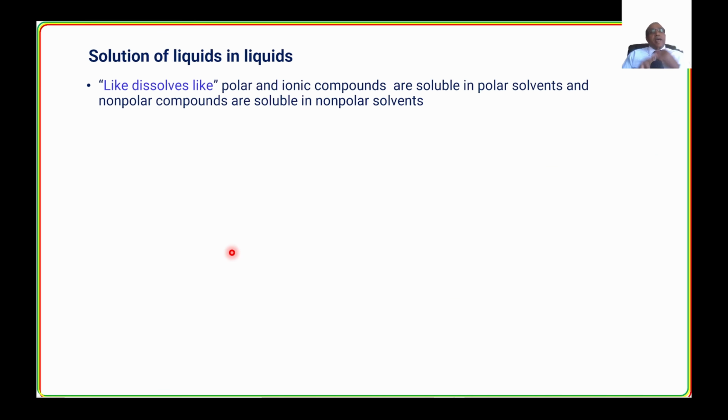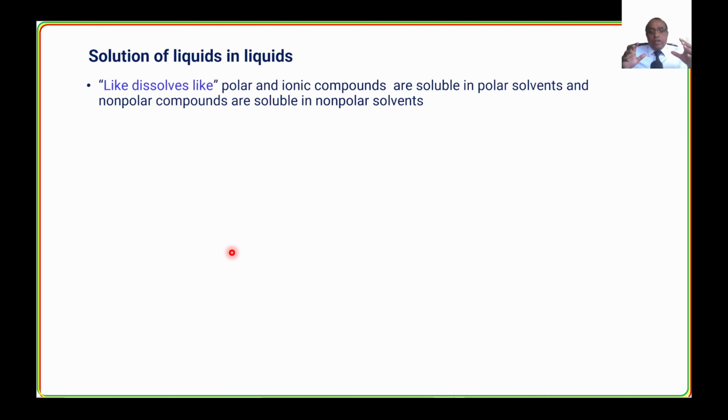So what does "like dissolves like" mean? The meaning here is that polar compounds are soluble in polar solvents and non-polar compounds are soluble in non-polar solvents. So that's the idea of like dissolves like. Ionic compounds are also soluble in polar solvents.